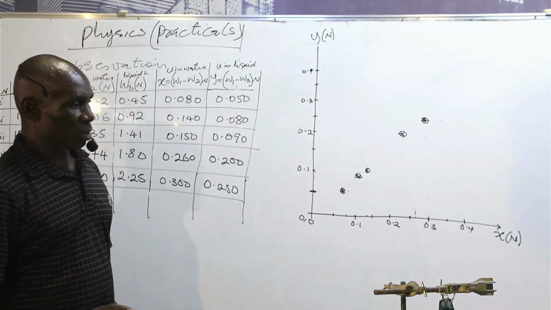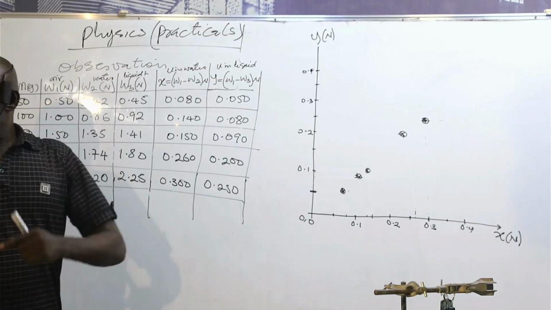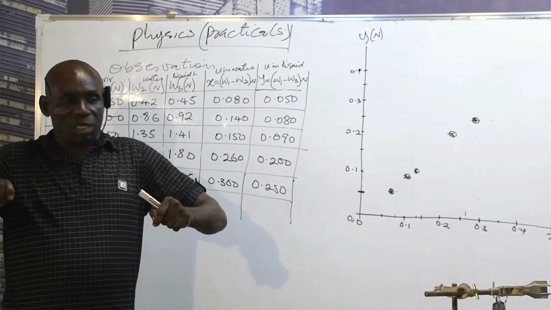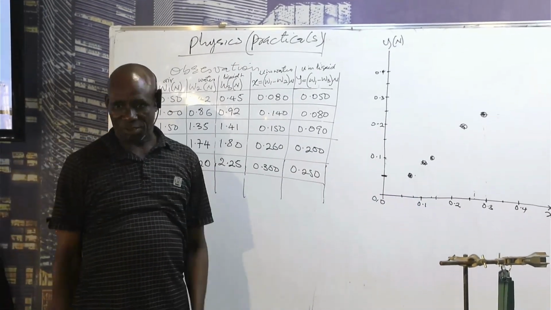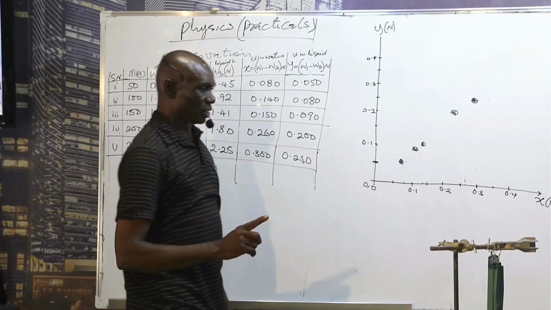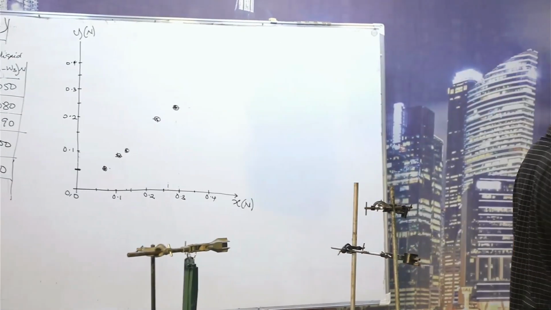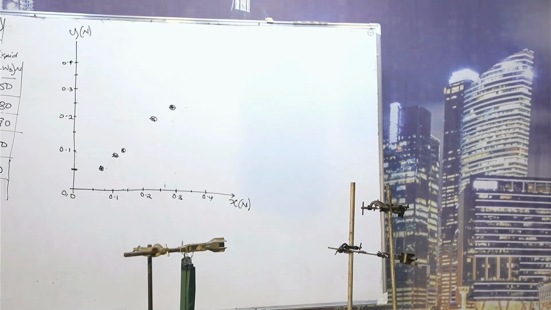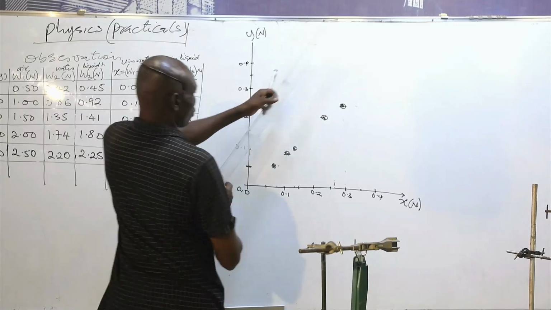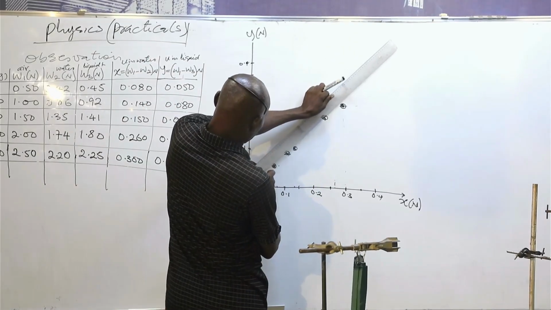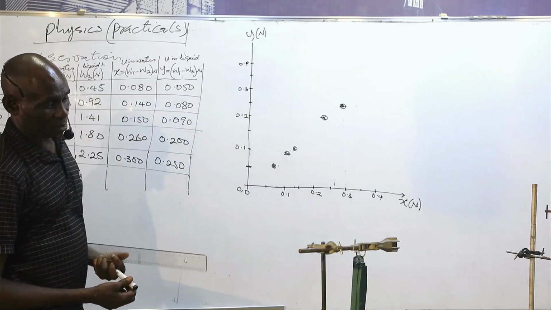And when you want to take your line, you place your ruler such that you determine the line of best fit. So for me to run a straight line, I will apply what is called the line of best fit.